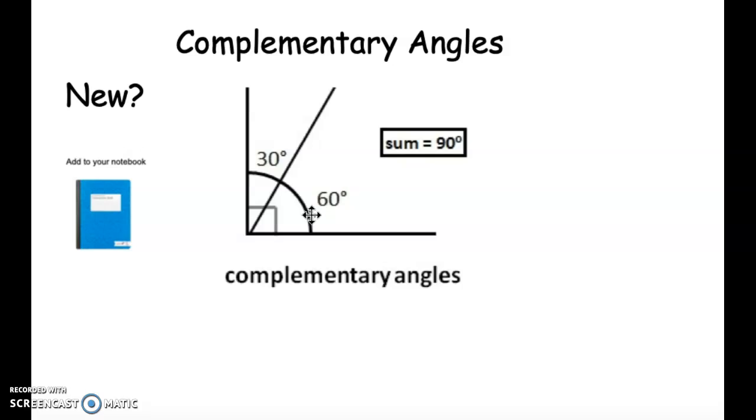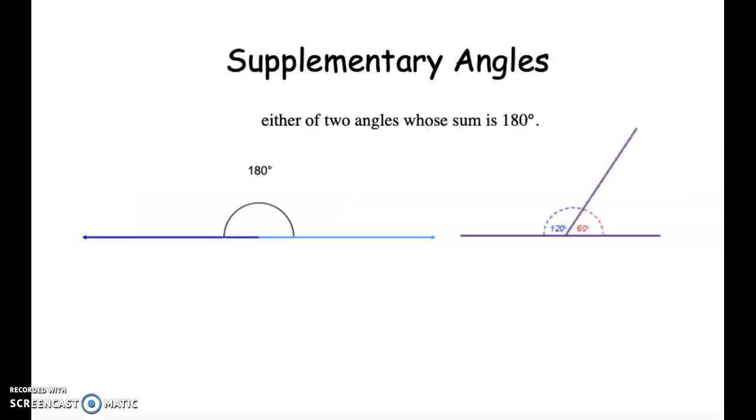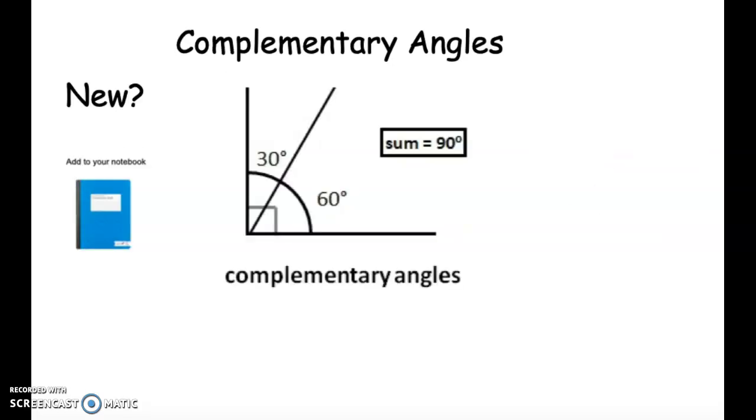And they can really be any numbers. They'll equal 90 together. So supplementary is 180 together, and 90, they're complement of one another. They complement each other. They're complementary. To complement is the right thing to do. That's the right angle. That's one way to memorize that.